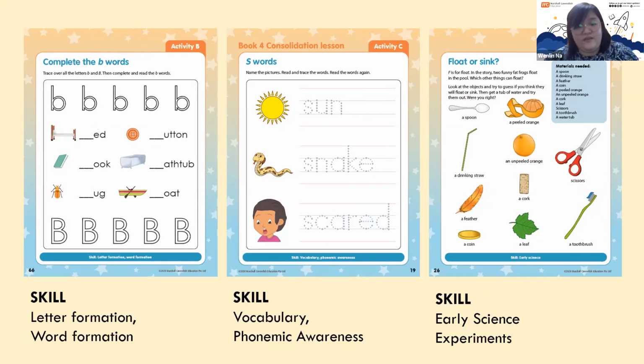And on the right, you can see this activity called Float or Sink. We do introduce cross-curricular learning by integrating science and music in our lessons. For example, we include this early science experiment to get the children to hypothesize and find out which objects float or sink.